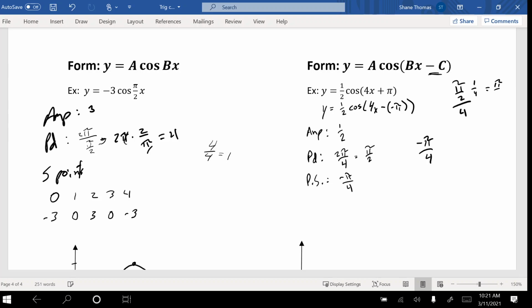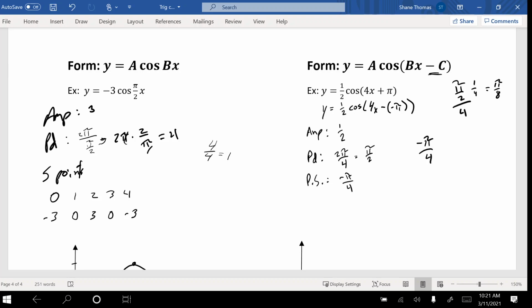So it's going to be pi over 8. Negative pi over 4 is my first point. Now I'm looking for my quarter period. My period is pi over 2, so I divide that by 4. If I divide pi over 2 by 4, take the bottom and reciprocate it up, and end up multiplying by 1/4. That gives me pi over 8.